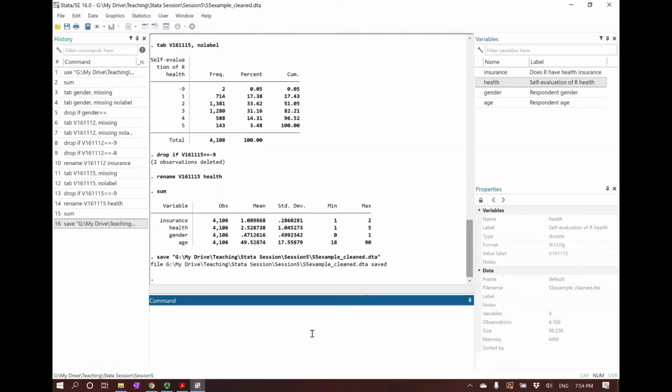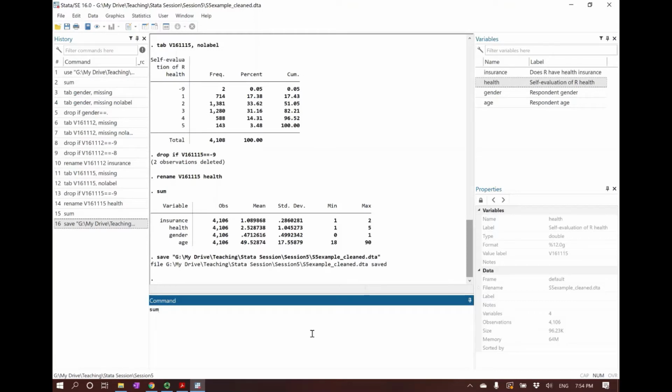This is the only quantitative variable we have. Suppose we're trying to understand gender, age, health, and insurance purchasing behavior for everyone in the US, and we collect a sample of around 4,000 respondents.